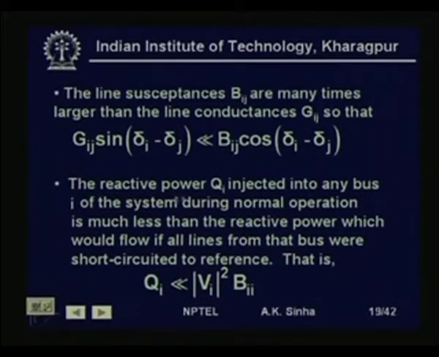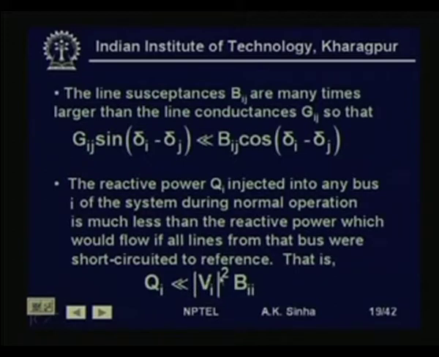Now, the reactive power Q i injected into a bus i of the system during normal operation is much less than the reactive power which would flow if all the lines from that bus were short circuited to the reference. That is, if we short circuit that bus to the reference, what is the reactive power which will flow?